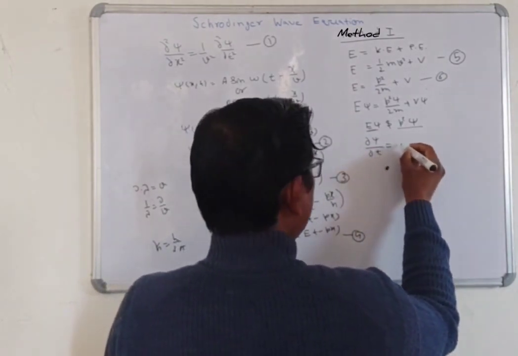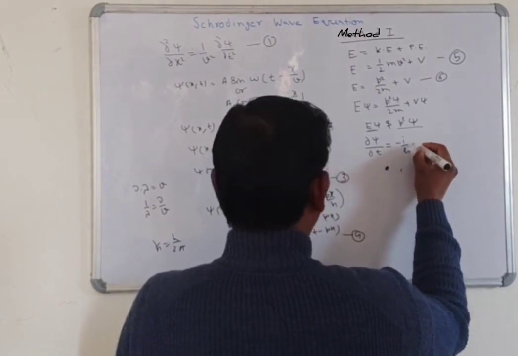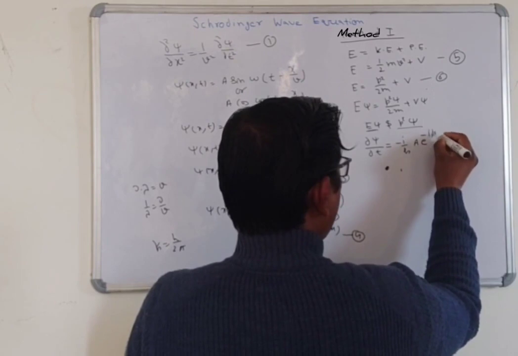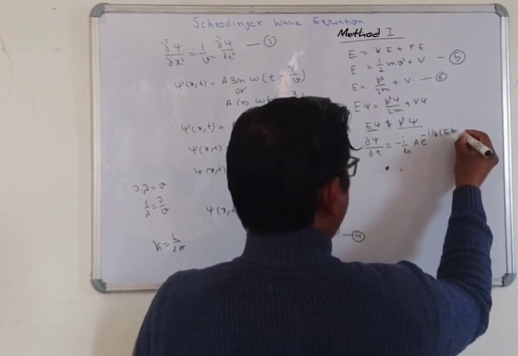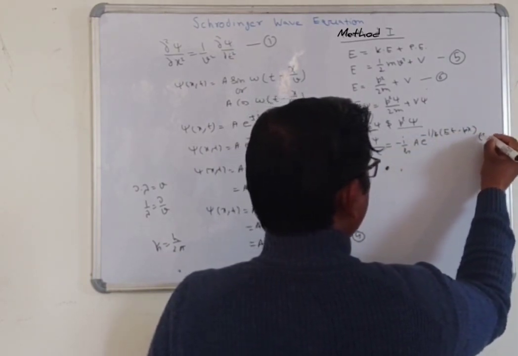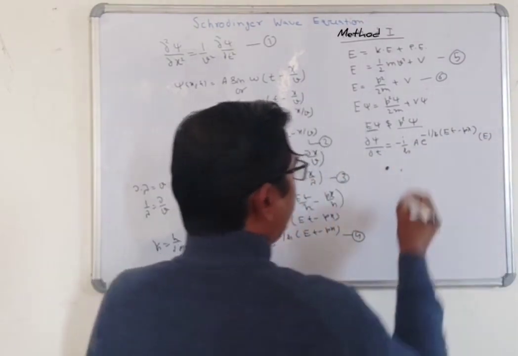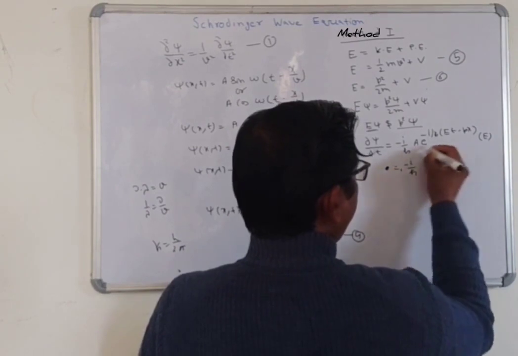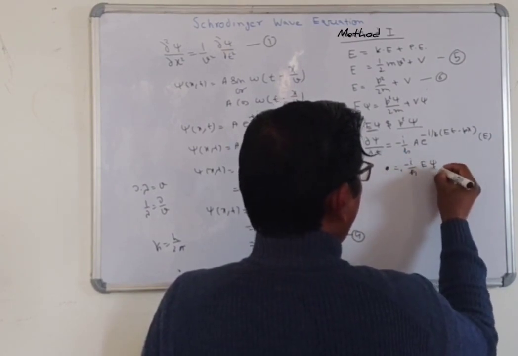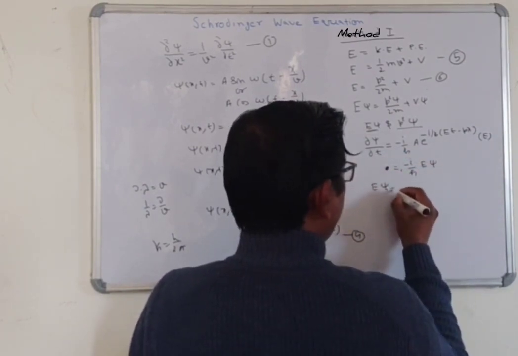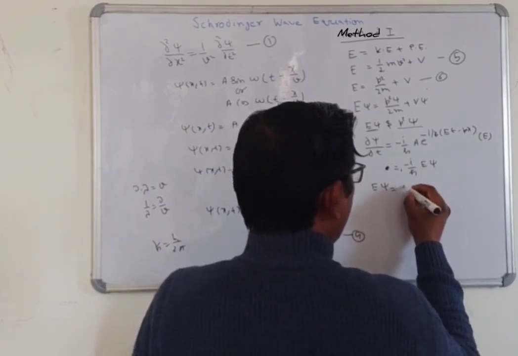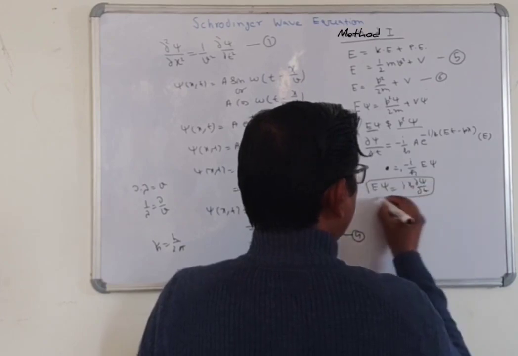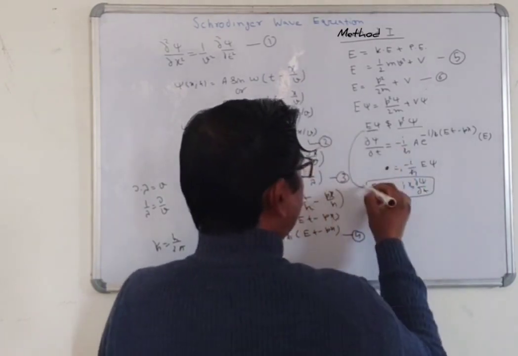We can write minus i h cut E times e to the power i by h cut (Et minus px). All of you know that this function is psi, so we can write that E psi is equal to i h cut d psi by dt. Like that you will obtain these values.